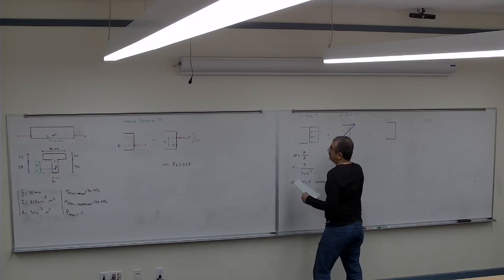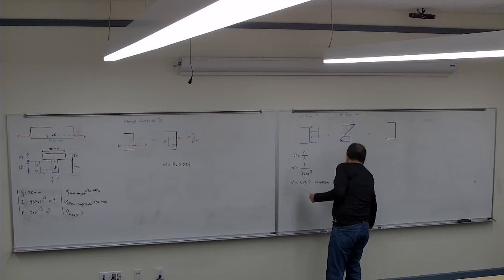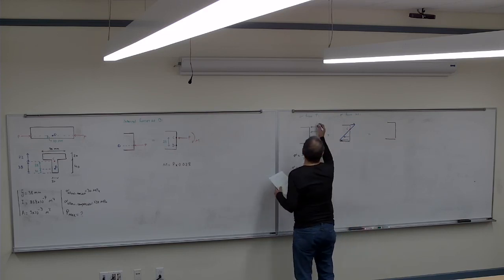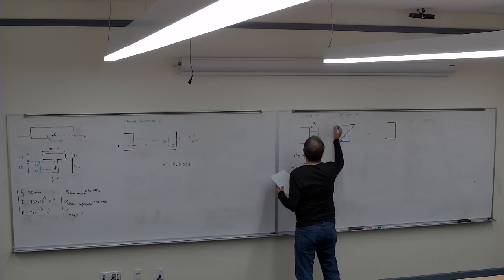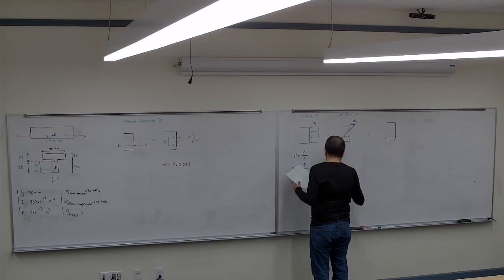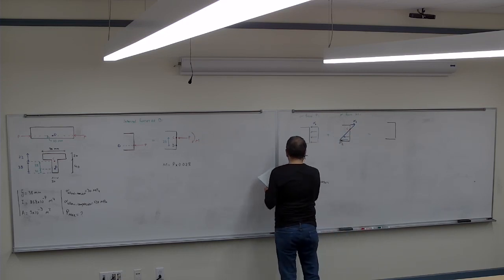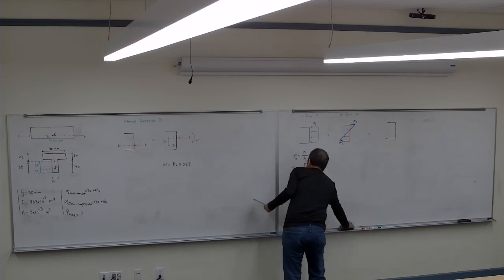Then for here, I will need to calculate the sigma here and sigma here. Let's name them so we know which one is which. Assume this is sigma 0, sigma 1, sigma 2. So I assume that's going to be the sigma 0 here.